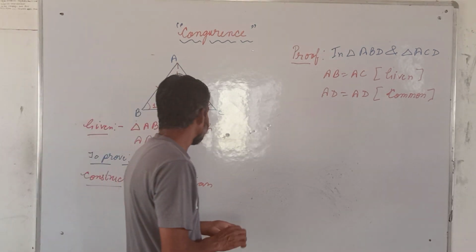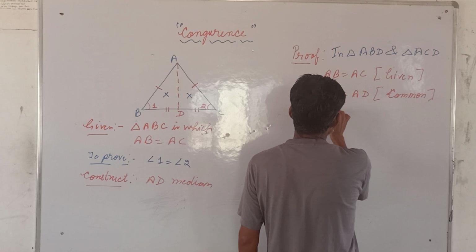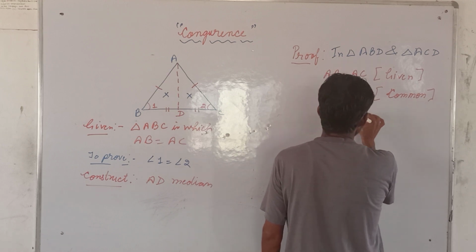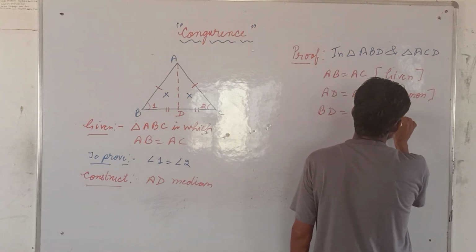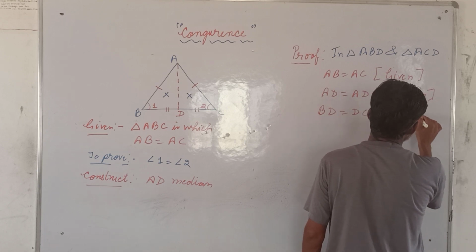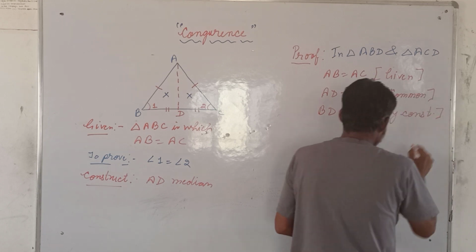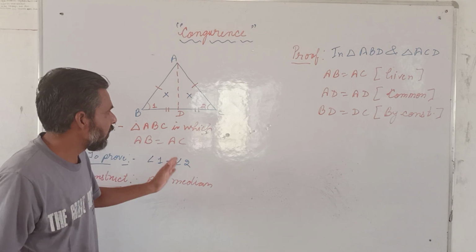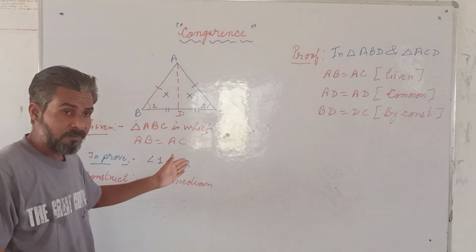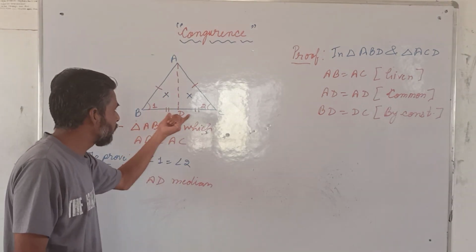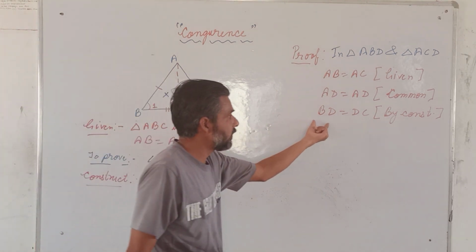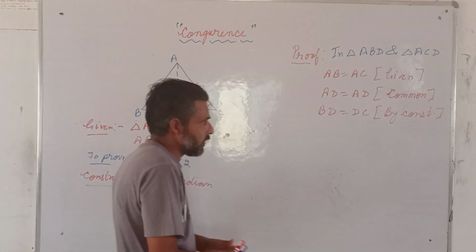Third one is BD is equal to DC by construction. As in the construction we have drawn the median AD, if AD is the median, then this part BD will be equal to CD. BD is equal to DC by construction.